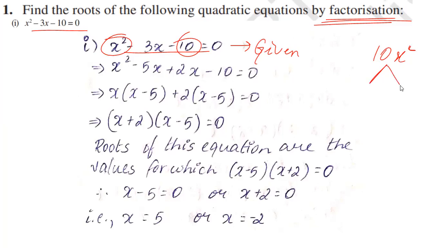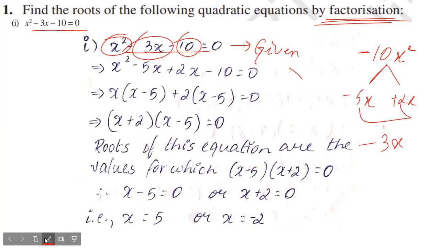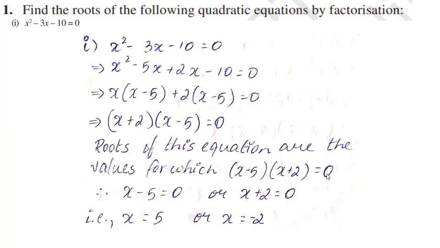This 10x square can be split as minus 5x and minus 2x, which gives us minus 3x. Let me just clear this off, which gives us minus 3x.